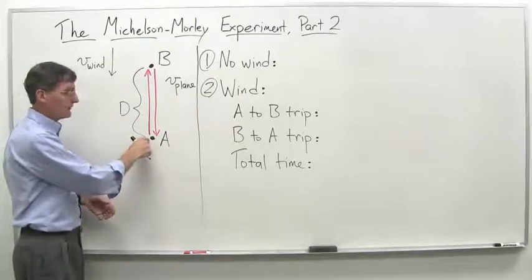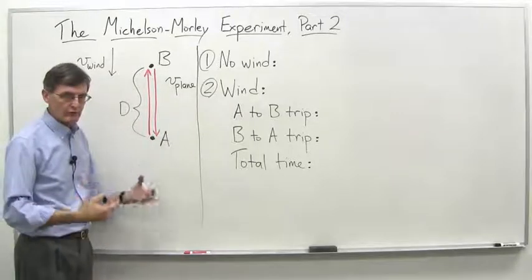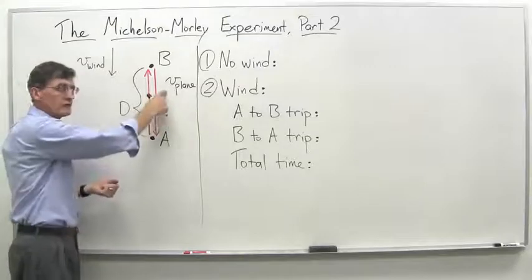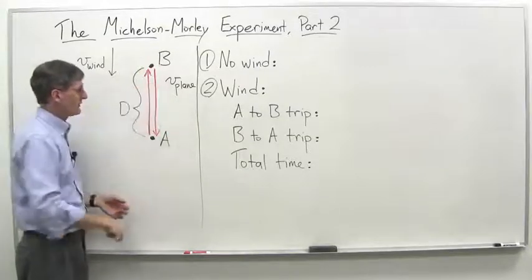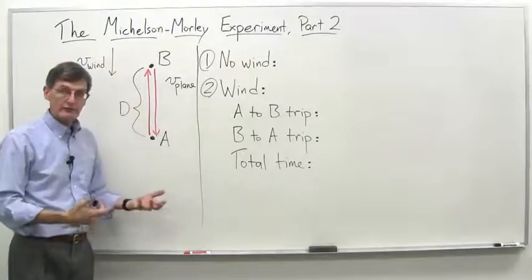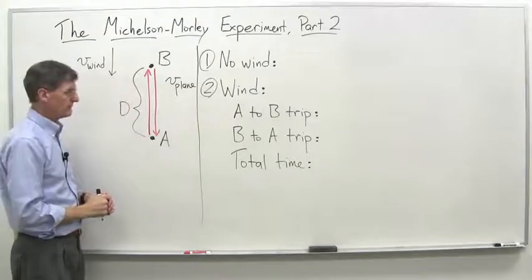So on the first leg from A to B, battling headwinds, it's going to be slower. The effective velocity of the plane will be the velocity of the plane minus the velocity of the wind. And then on the trip back down from B to A, the plane will have added velocity because of the tailwind, so it'll be the velocity of the plane plus the velocity of the wind.